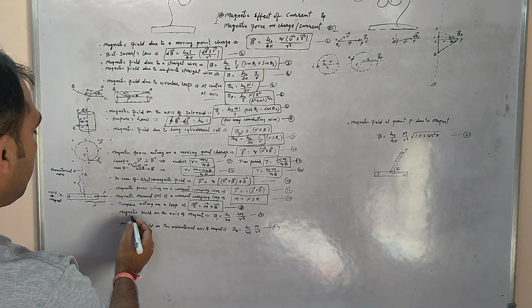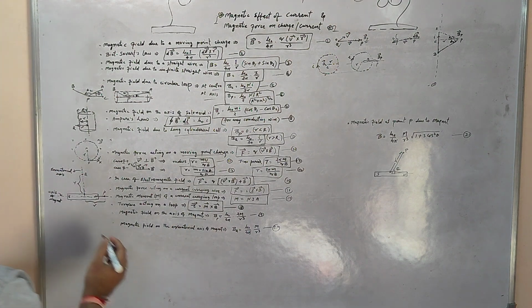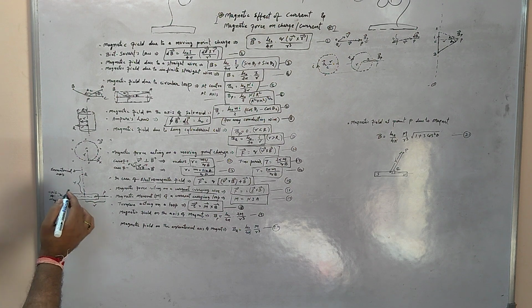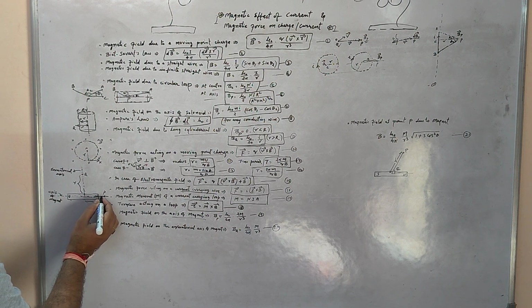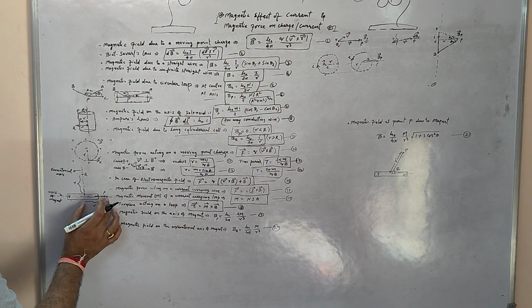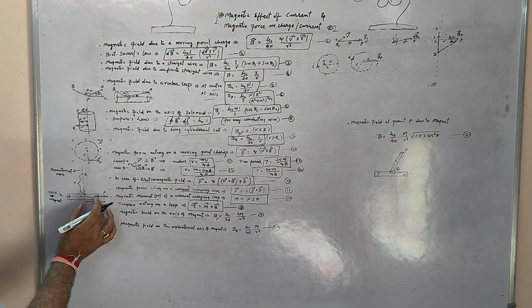Then magnetic field on the axis of a magnet. Here it is a magnet, north pole, south pole. So what is the axis of the magnet? This is the axis of the magnet. Now we take any point P that is at a distance r from this midpoint, or say center, of the magnet.